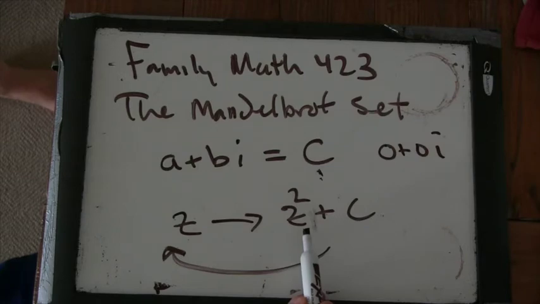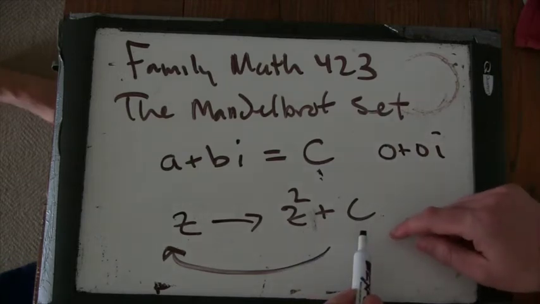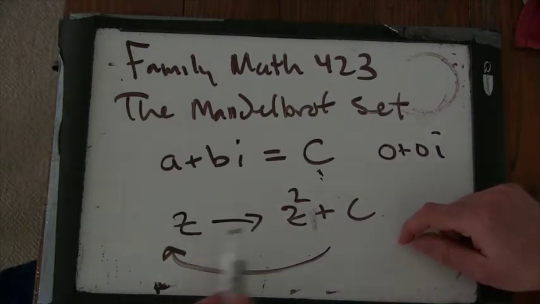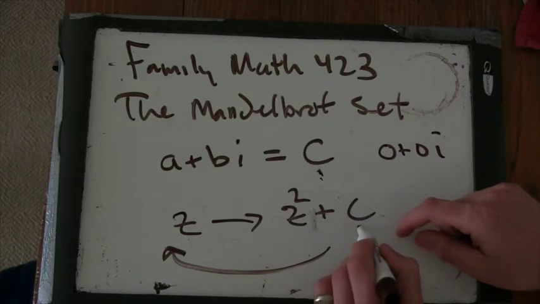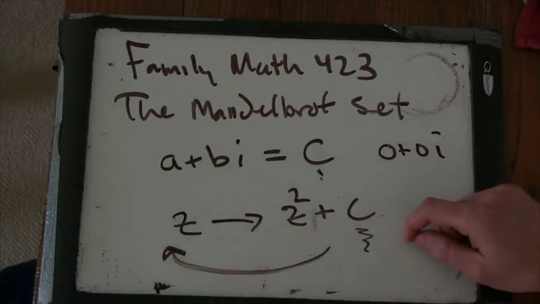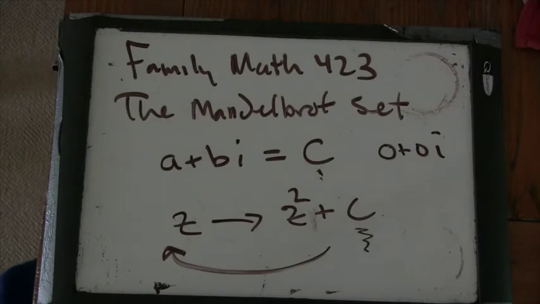You get 0. 0 times 0 is 0. Now I add 0 to it. So what's my new number? 0. Okay, now I'm back here starting at 0. Square 0 and add 0, our original number, and I get 0. And so I keep doing this. Does it ever go to infinity? 0 doesn't go to infinity. So since it does not go to infinity, 0 is part of the Mandelbrot set.